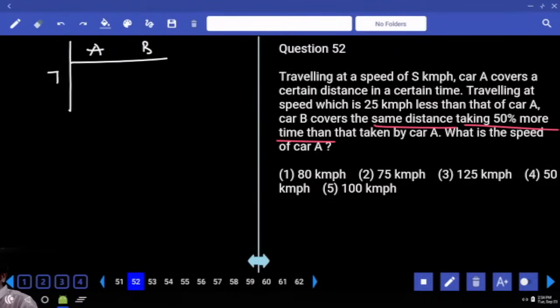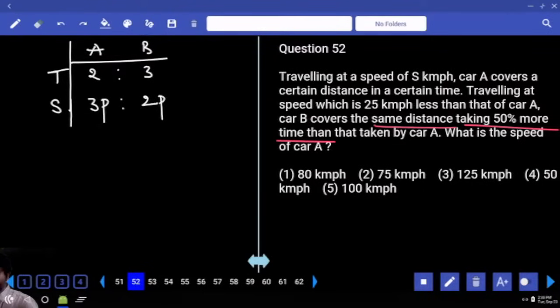Then time taken by A, if it was 100%, B takes 150%. Then the time ratio is 2:3. Because distance is constant, speed and time are inversely proportional to each other. So 3:2. A speed, 3 parts.